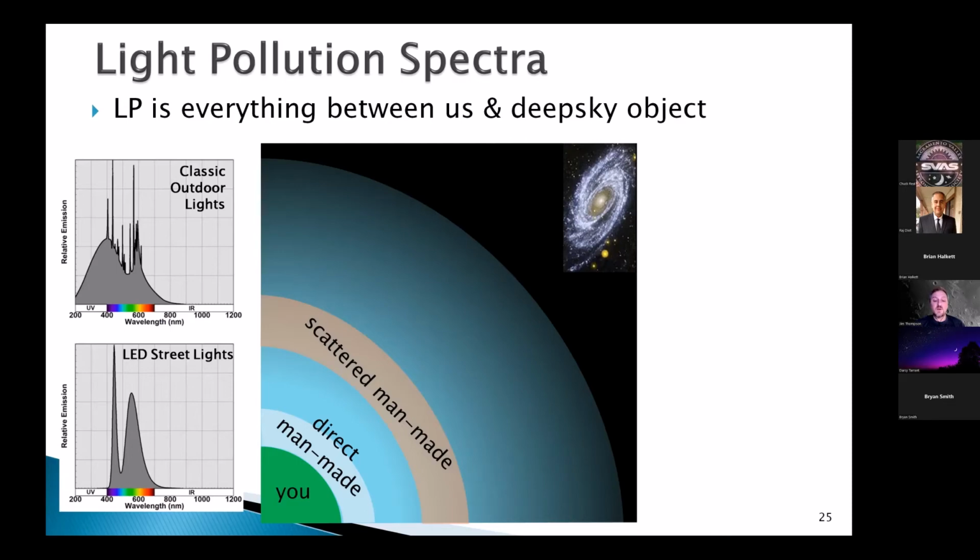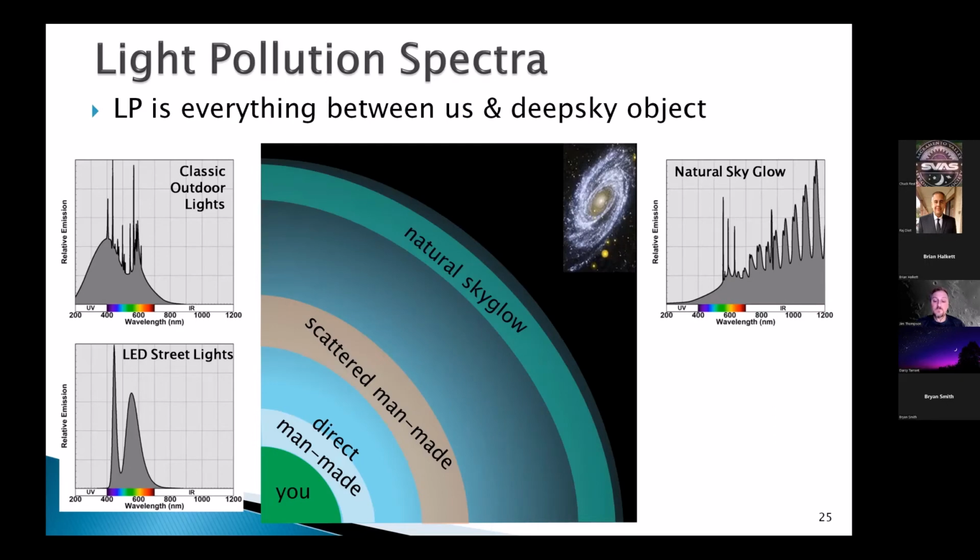There is also a naturally occurring component of light pollution, generally referred to as skyglow. This light is emitted by atoms in the Earth's upper atmosphere that were energized by the sun's UV rays during the day.